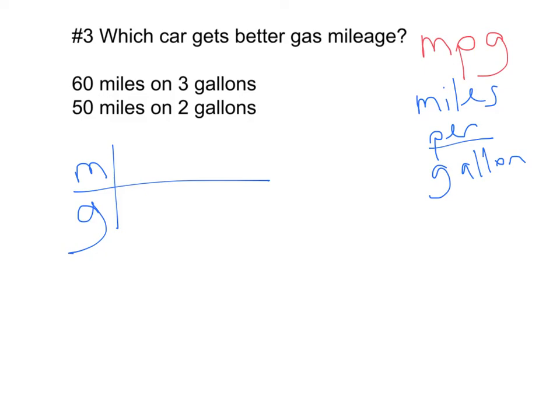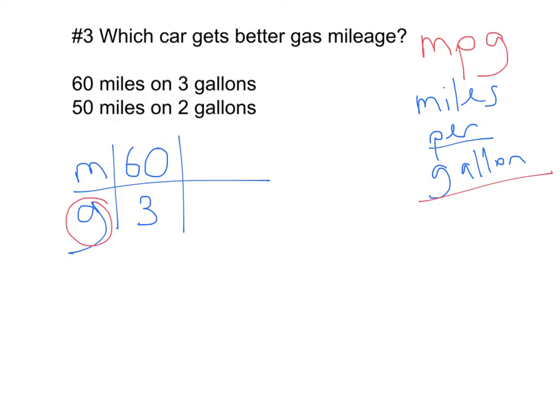And then all I have to do is put my numbers in. 60 miles, 3 gallons. If that had said 3 gallons and then 60 miles, the order doesn't matter, but make sure that you set up your ratio table appropriately. So make sure the right numbers go with the right letters or words. And we're looking for miles per gallon, so notice how I put the gallons on the bottom. Whatever is after the per goes on the bottom.